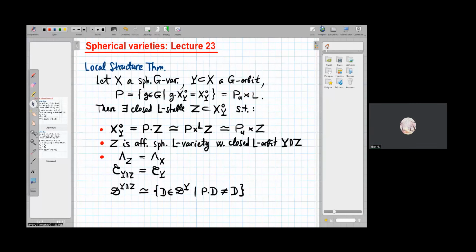Let's start. So the local structure theorem, which I recall here for your convenience, tells us roughly that locally a spherical variety is isomorphic to a product of an affine space and an affine spherical variety for a smaller group.